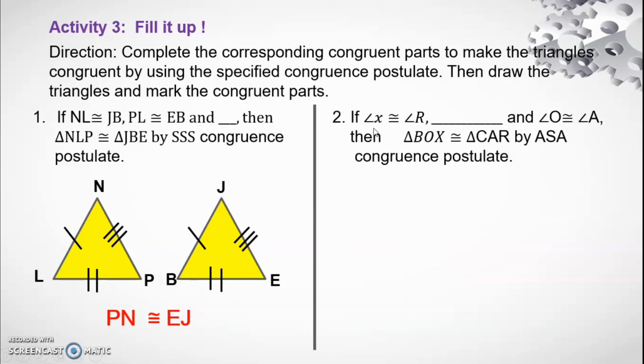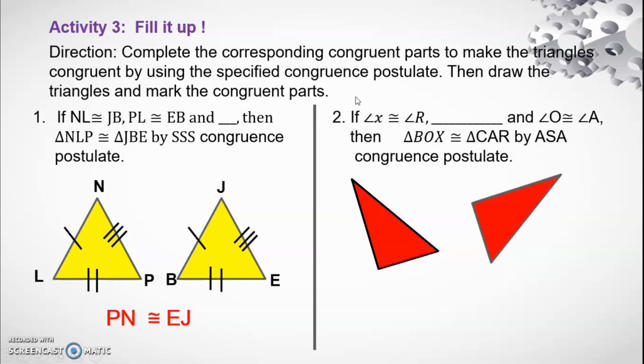Then, number 2, if angle X congruent to angle R, blank, and angle O congruent to angle A, then triangle BOX is congruent to triangle CAR by ASA Congruence Postulate. So, included angle ang meron, angle, side, angle. So, we have the two triangles, triangle BOX, then triangle CAR.